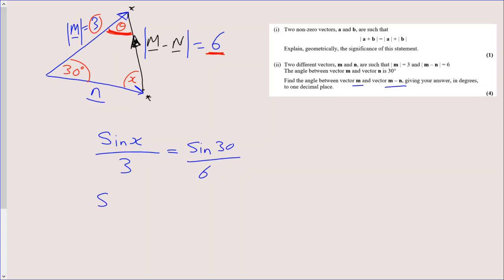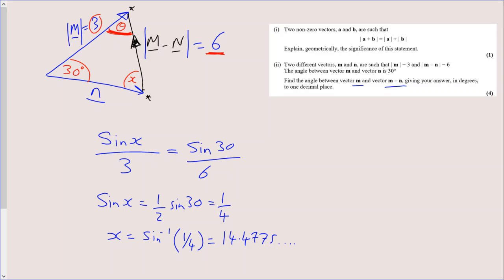So sine x is equal to a half sine 30. Therefore, x is sine to the minus 1 of a quarter, which is 14.4775.